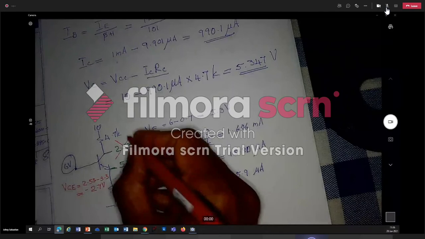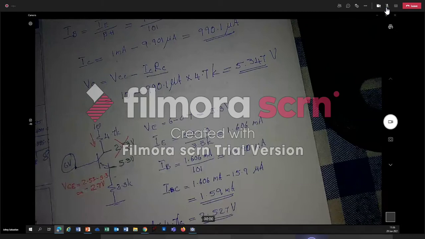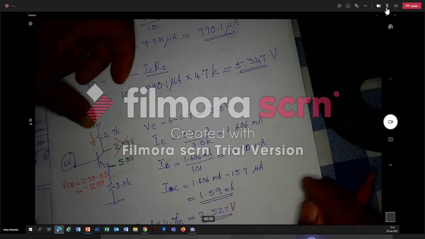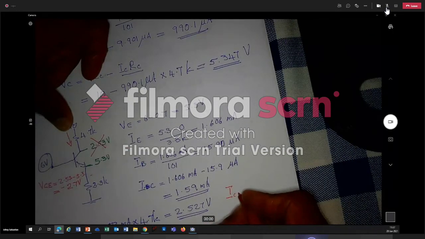So voltage at the collector can go as low as 5.3, right? Then VCE becomes 0 already. You cannot make it negative. It will never go negative. In this case, what happens is the collector current that is flowing is called IC SAT.